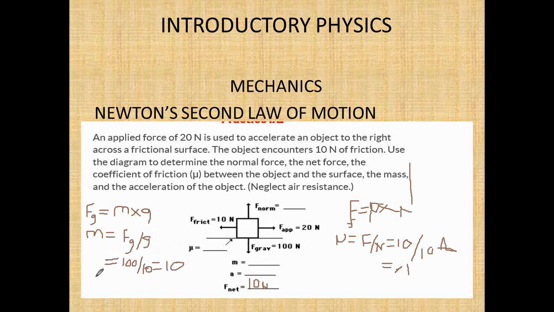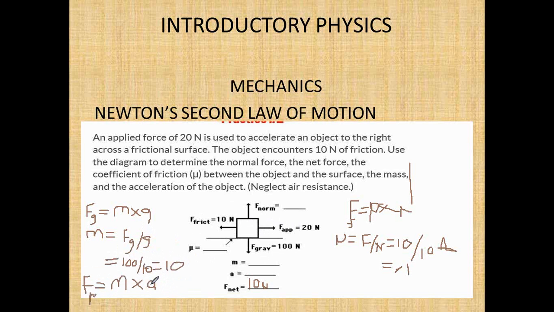Again, the net force: you have 20 newtons of force to the right and a frictional force to the left, so the net force is 10, okay? Using net force, small n for net force, is equal to the mass of the object times the acceleration.